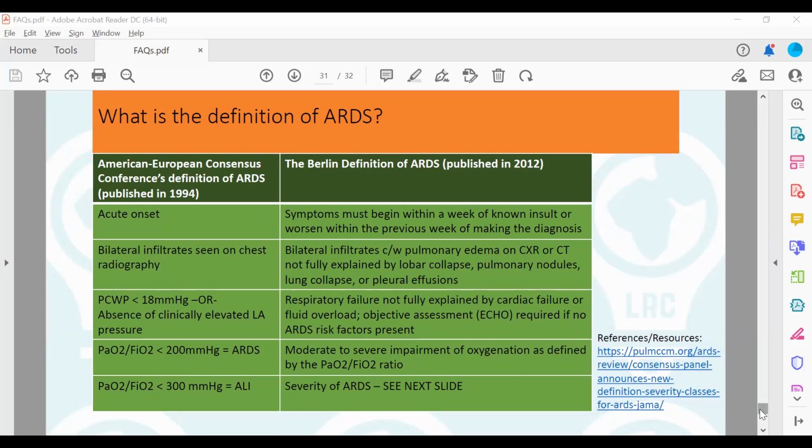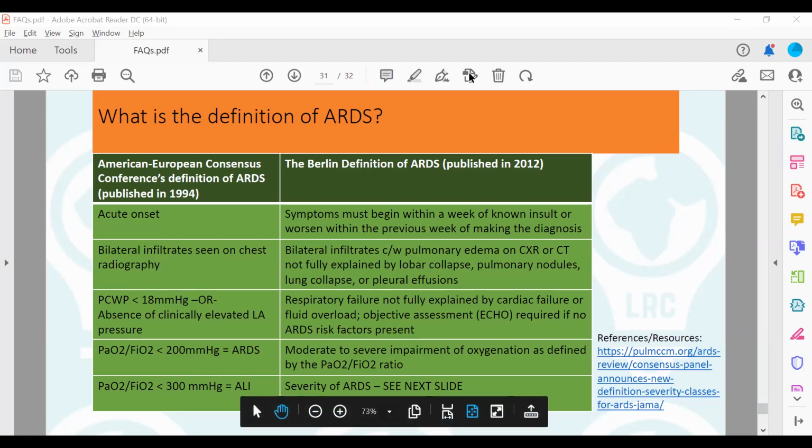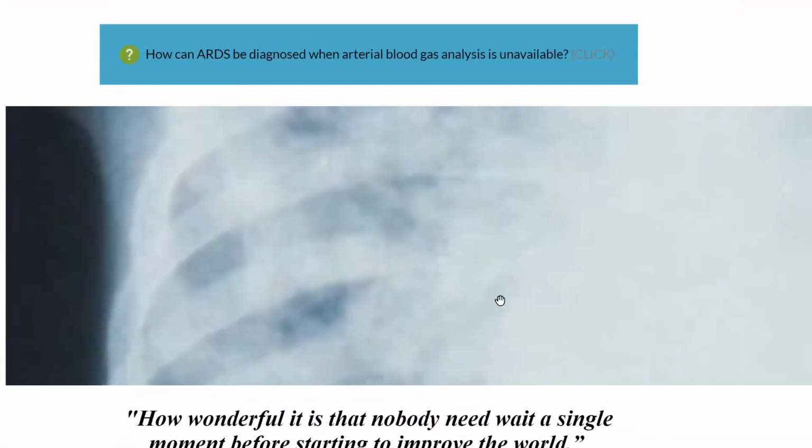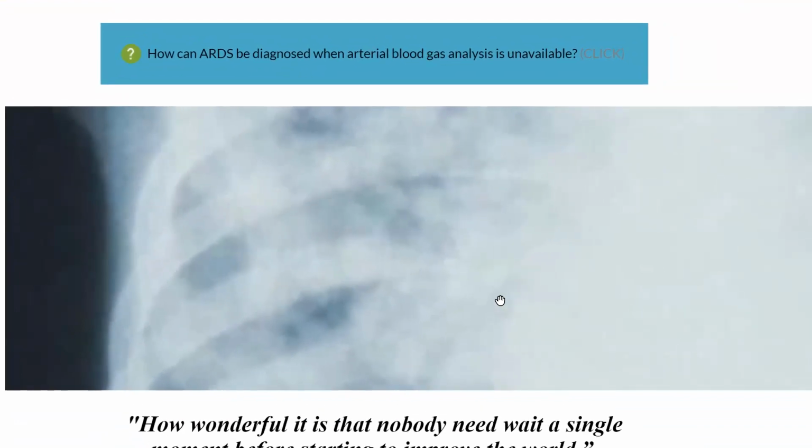So we're going to look at the next question, how we can go about that. Because once you don't have PaO2, you can use a regular saturation, but you have higher numbers of the ratio to FiO2. We can click here: what we can do if we don't have ABG.